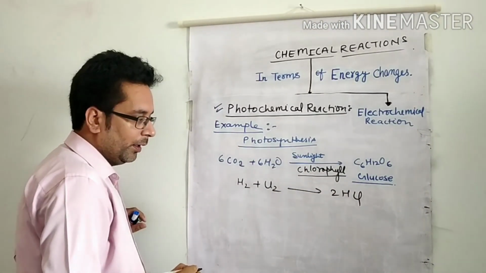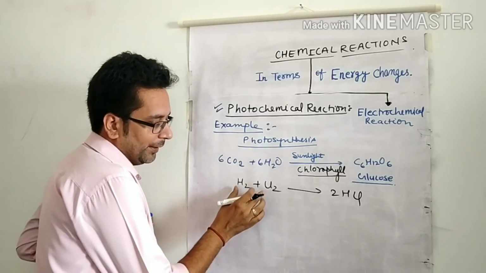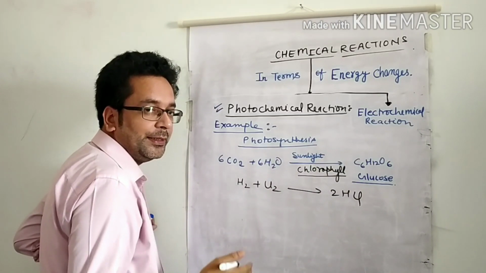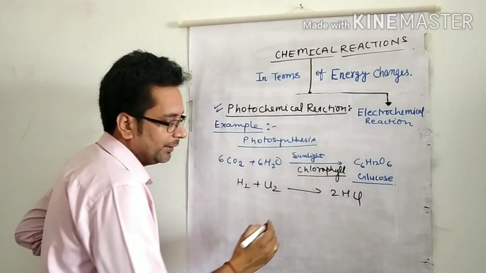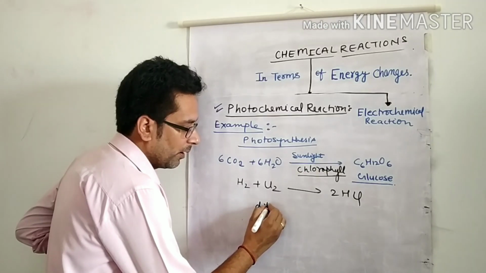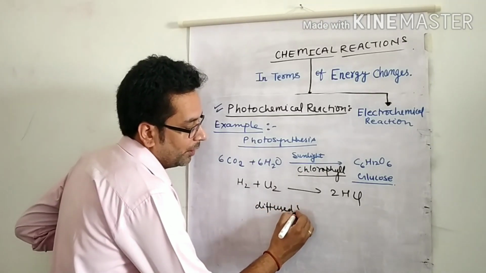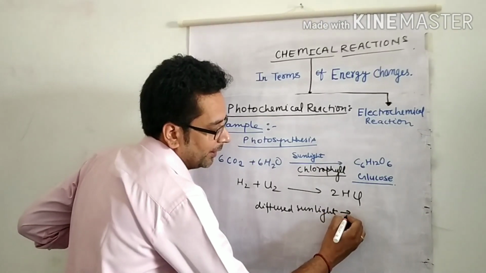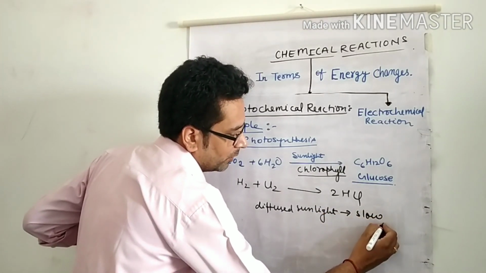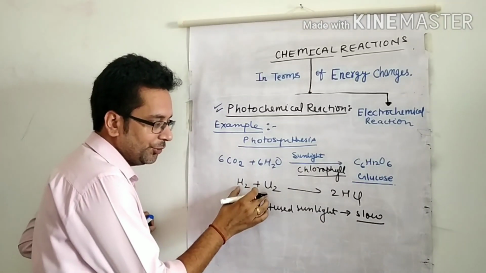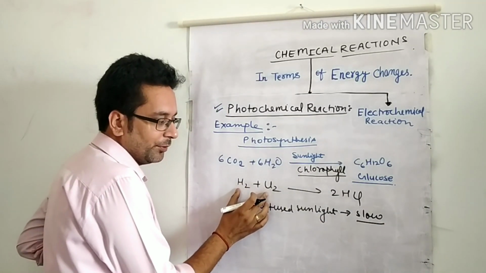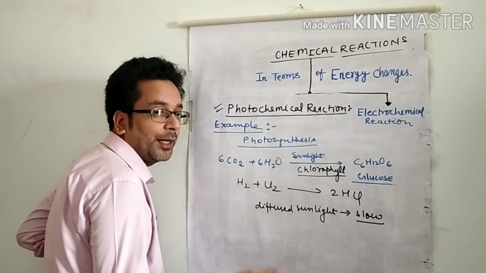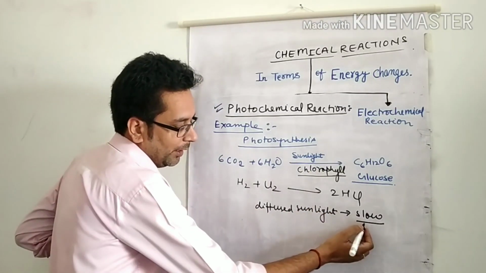When hydrogen and chlorine are in contact with diffused sunlight, meaning not direct, the reaction is slow.